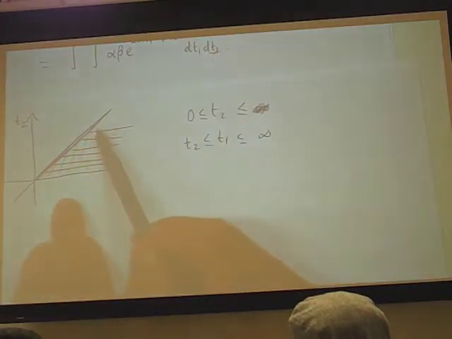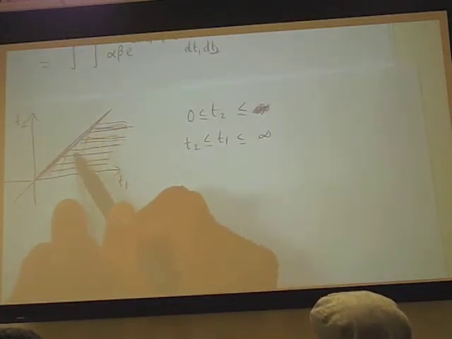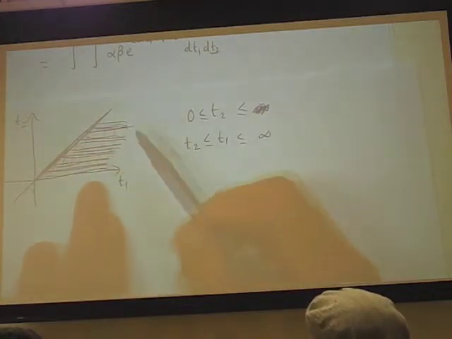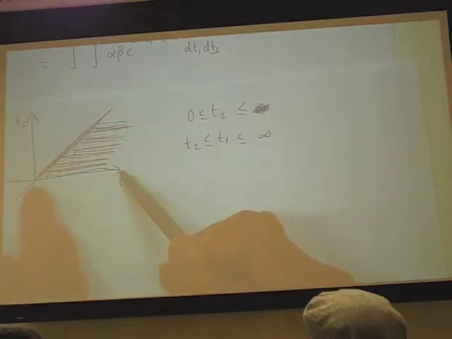The slice right here, I will change into T2, right? So I use the horizontal lines, right? So right here, if you want to use T2, what are the limits for T2? It's going to go from 0 to the line right here, which is just T1. Yes, only T1, right?